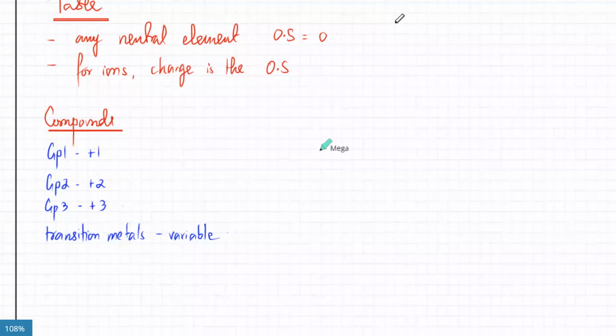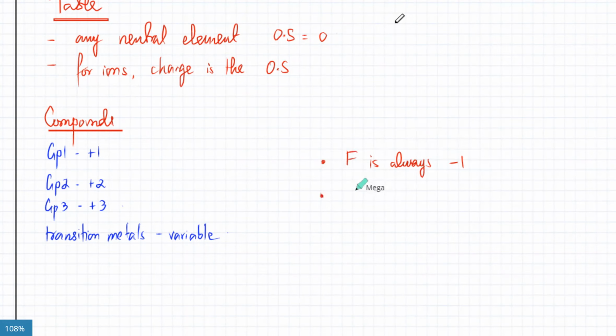And then you have the non-metals. Fluorine, remember, is always -1. But you don't have a lot of compounds that contain fluorine, so in most cases that is kind of irrelevant. You won't even use it in most cases, because most molecules don't have fluorine in them. But they do have oxygen and hydrogen.